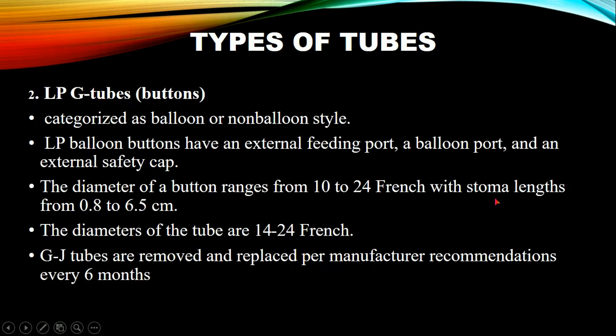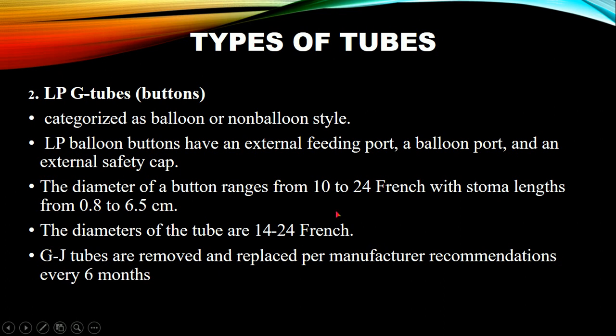Okay. Now we have the low profile gastric tubes, button tubes, as I have shown you in the photograph earlier. So this is classified as balloon and non-balloon. Low profile balloon buttons have an external feeding port, a balloon port, and an external safety cap.